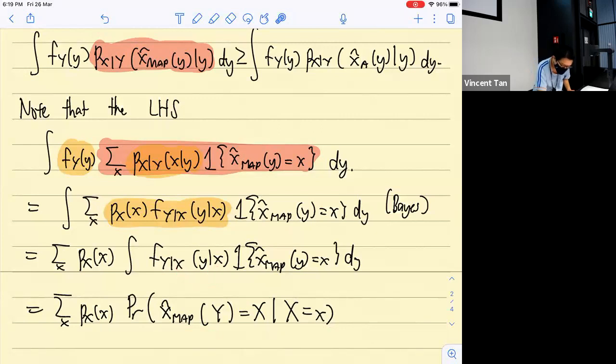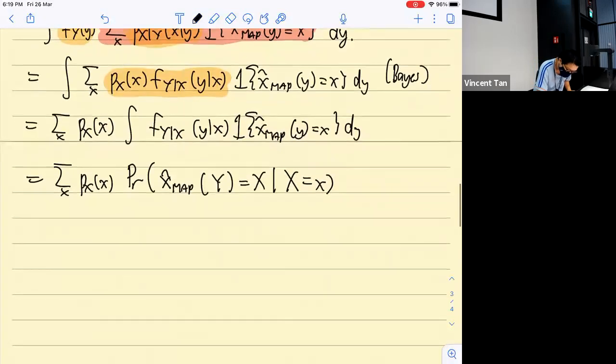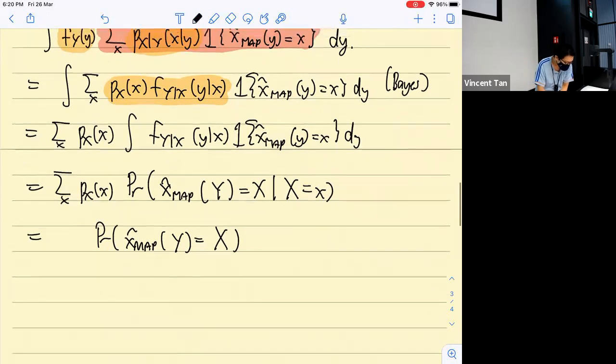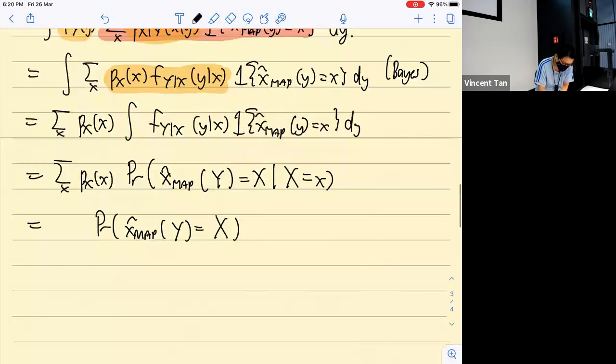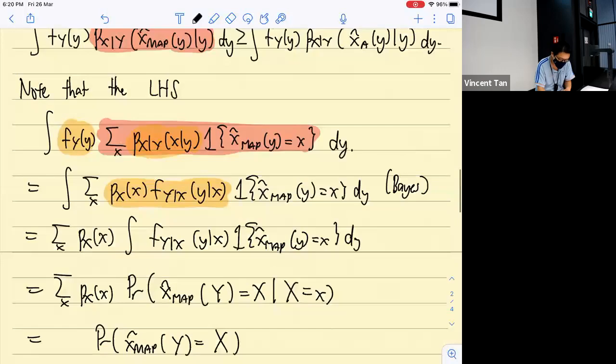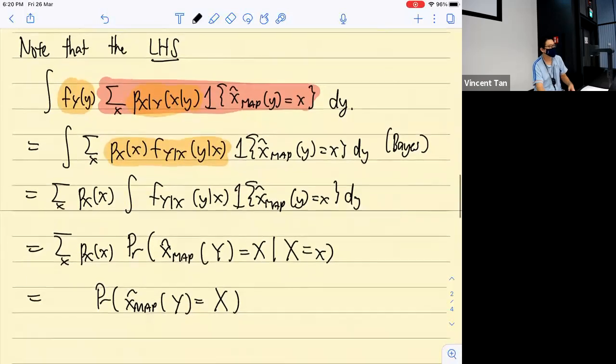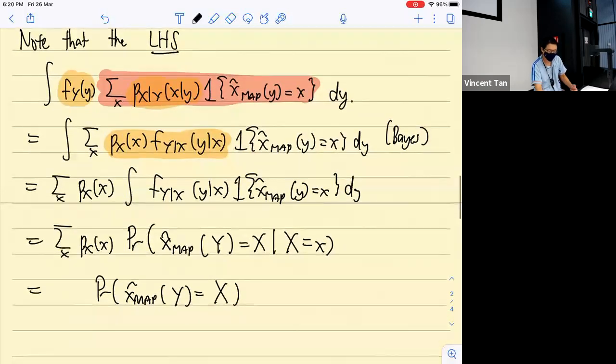Now we can write this. This can be captured into one form: x_MAP(Y) is equal to capital X, as follows. Merge everything together by the law of total probability. Now you see that we have done this for x_MAP. This is for the left-hand side, but this does not depend on what x_MAP is.